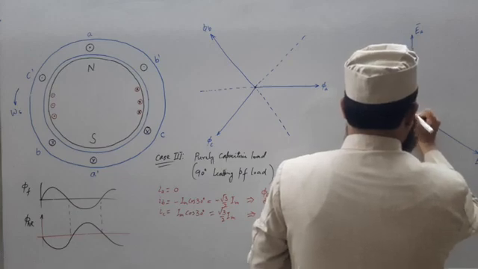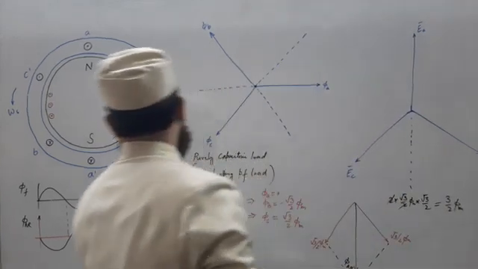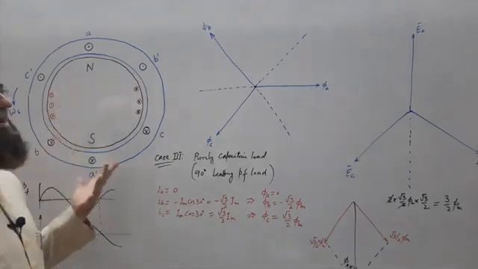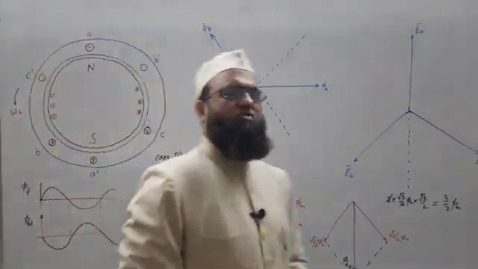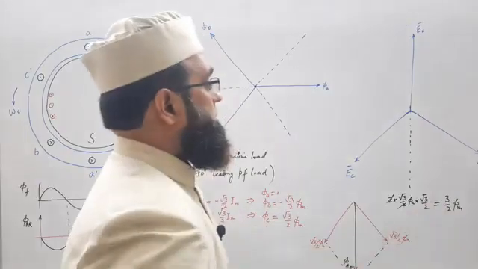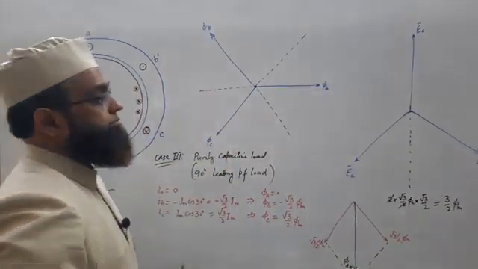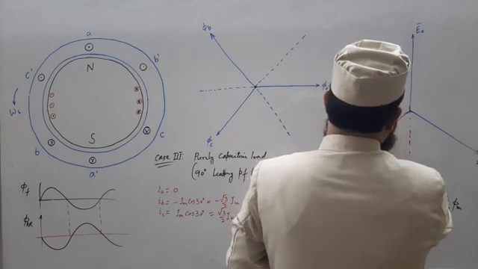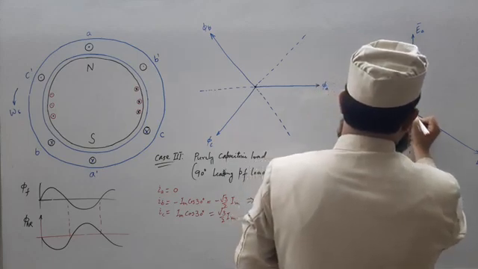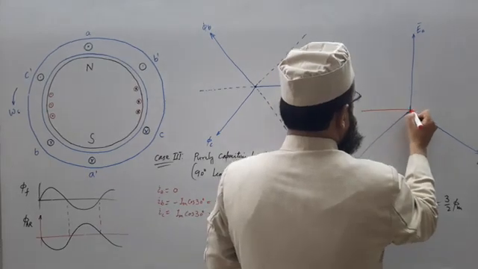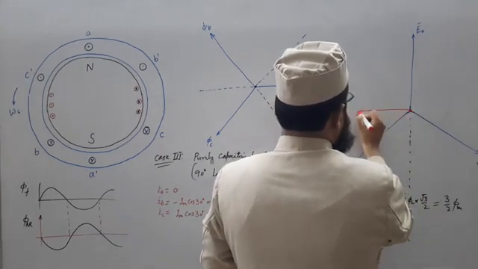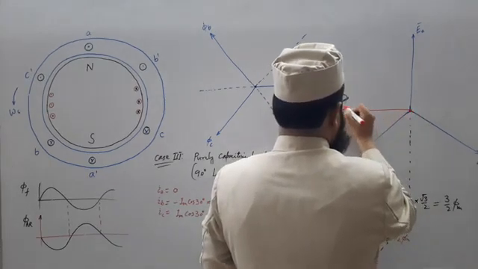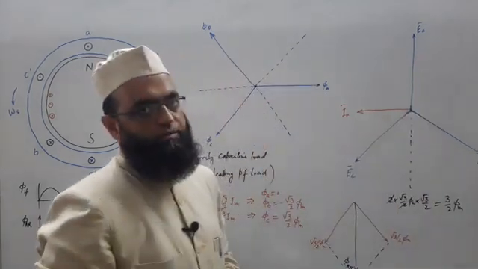Again we are taking the same moment when the alignment of the rotor is like this. We can take any moment, just try to focus on the concept. So at this moment, what will be the alignment of IA leading EA? This is the center, IA leading EA by 90-degree.